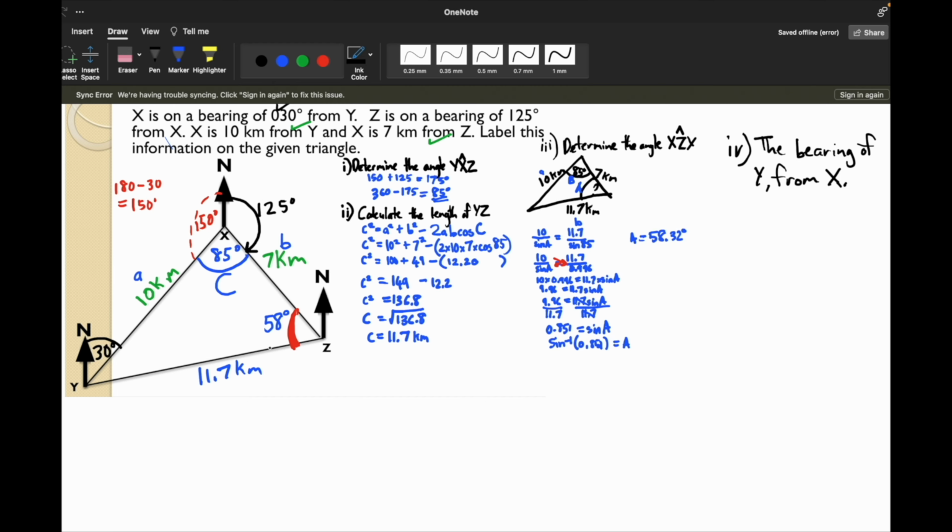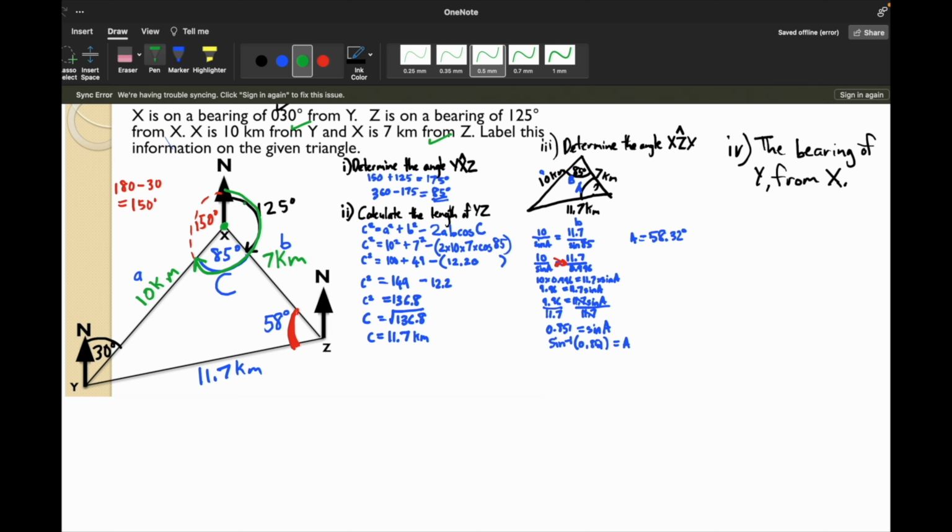Anybody answer it yet? So the question says the bearing of y from x. So where's our starting point? X, which is right here. And we're going to where? To y. So we make the drawing like this. We go clockwise straight around until we hit y. So if you look at this, we already know this bearing here, which is 125, and we know this other angle here, which is 85.